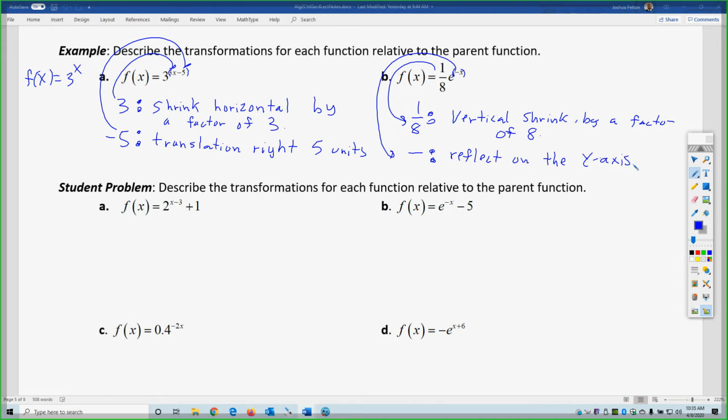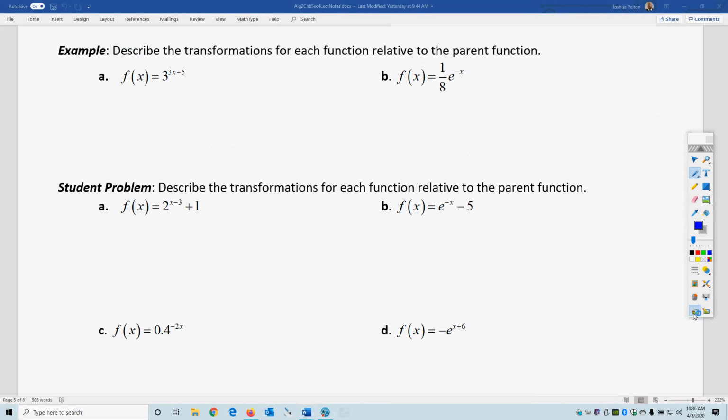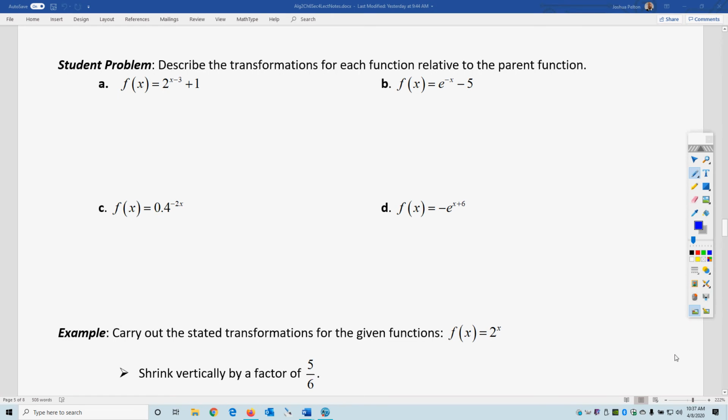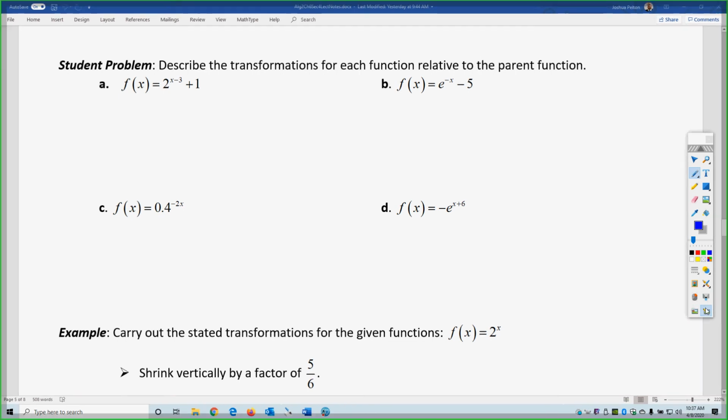All right, pause the video, try the student problems for yourself. Okay, so we have the negative 3 here and the 1, because the original parent is 2 to the x, the base of the original exponential function.